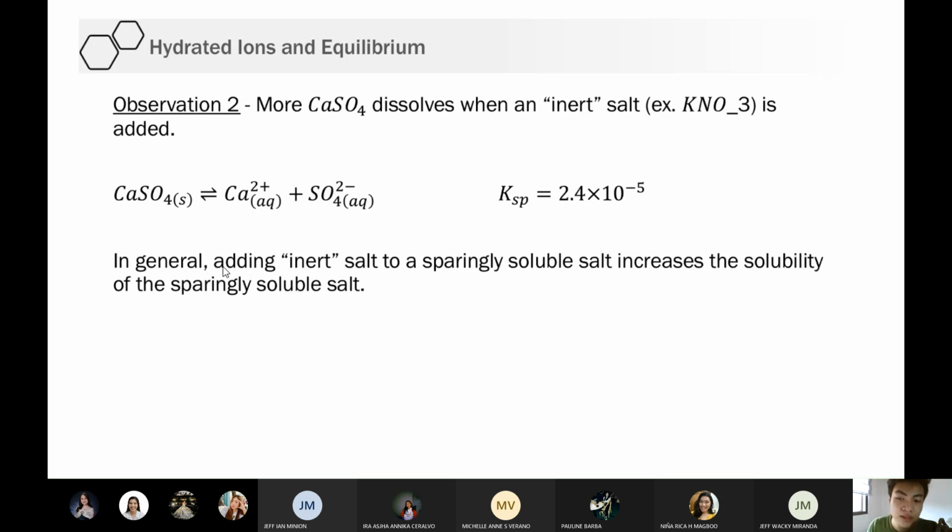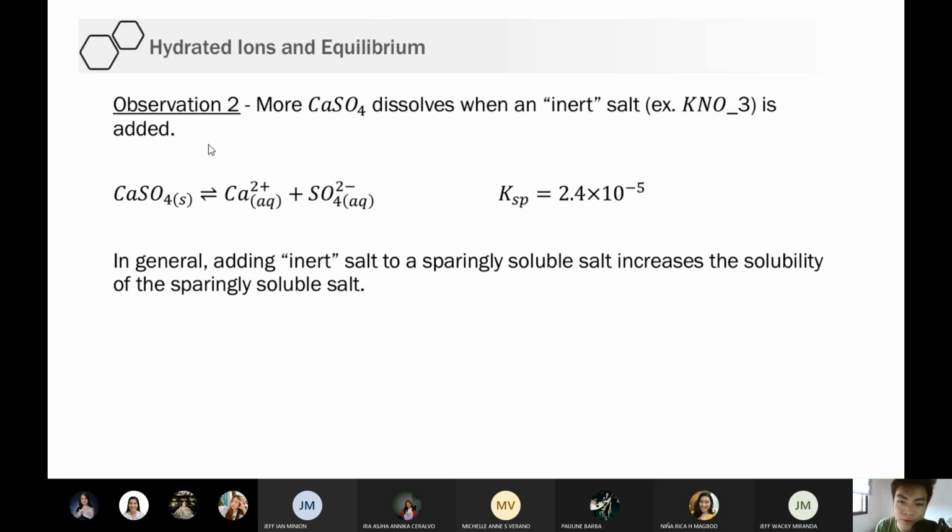Suppose you have a test tube with a white precipitate. When you add the ions, the white precipitate slowly vanishes. That means when you add inert ions, the equilibrium is shifted again, in our case, to the right.